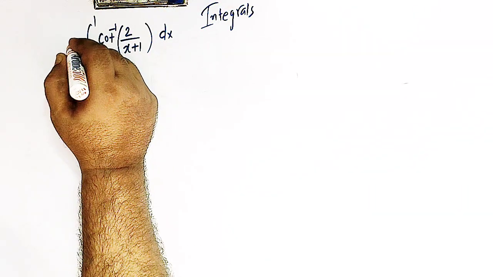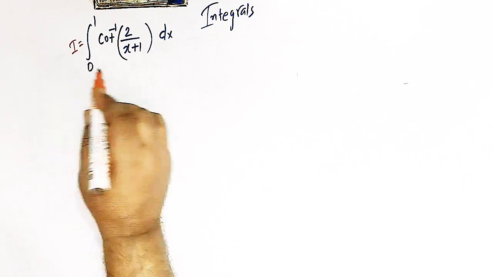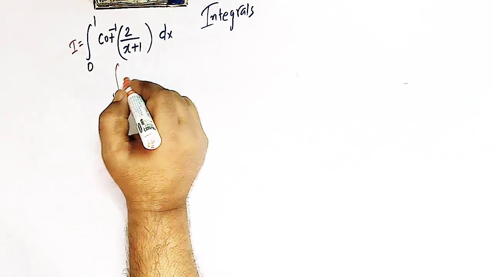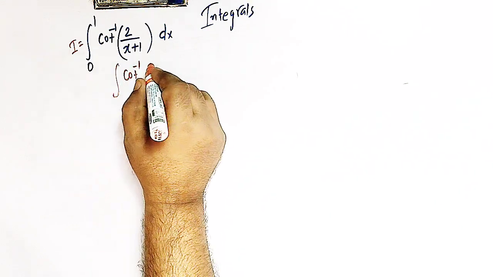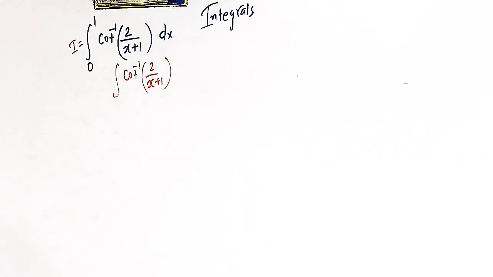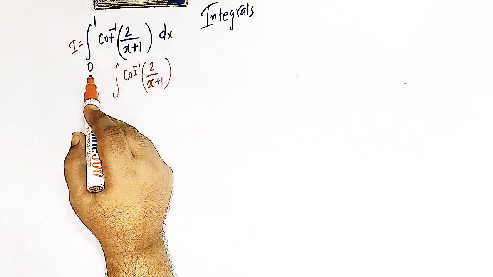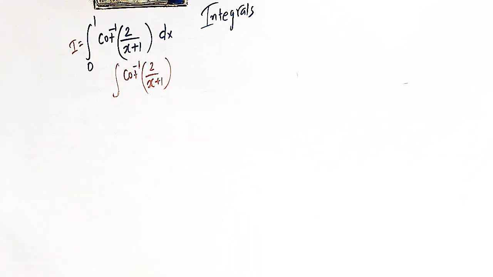Let us call this integral I. We'll first find the indefinite integral, that is the integral of cot inverse 2 over x plus 1, and then we can easily find the definite integral by substituting the limits and taking the difference.